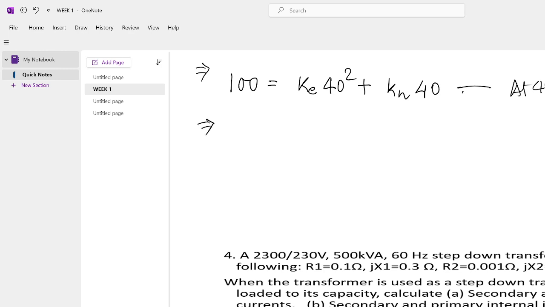Now, when it is 30 hertz, it is 72 watt: 72 watt equals Ke into 30 square plus Kh into 30.